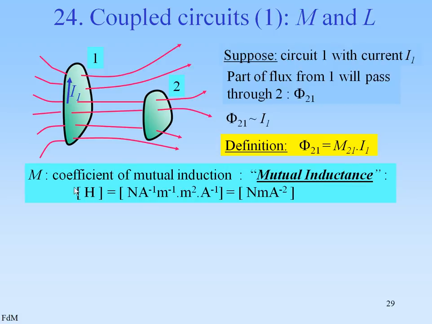And it's given in terms of Henrys, and here we have the dimensions of the Henry. It's derived from the flux divided by the amperes, and this is the coefficient of mutual inductance. And these definitions are from the definition for the field times the area.